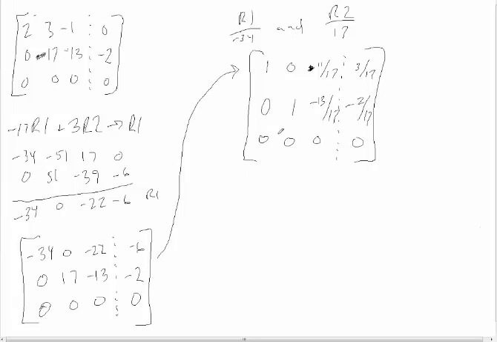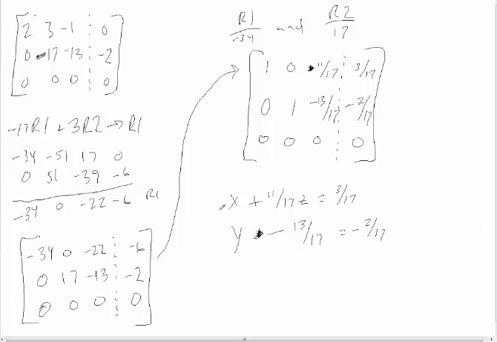So what these equations represent is x plus 11 seventeenths z equals 3 seventeenths, and y minus 13 seventeenths z equals negative 2 seventeenths.